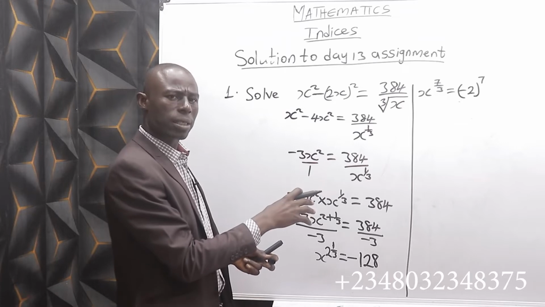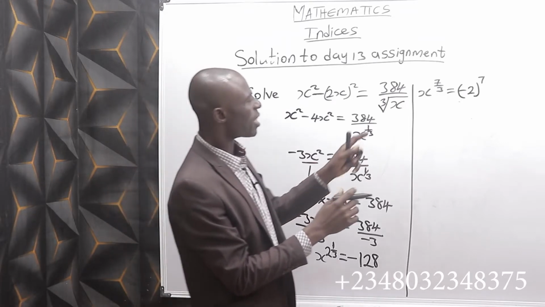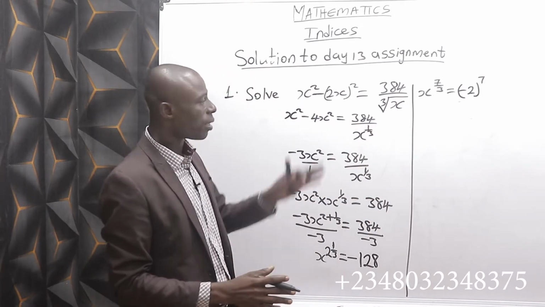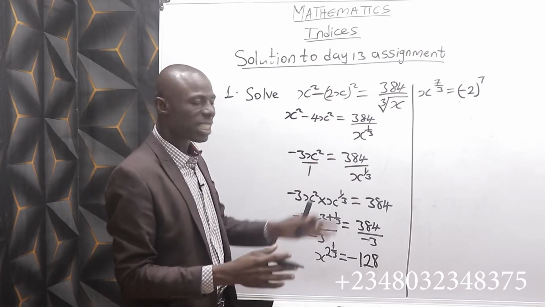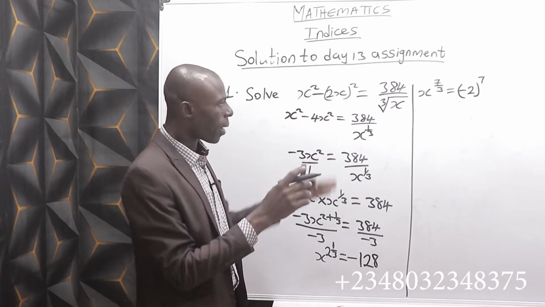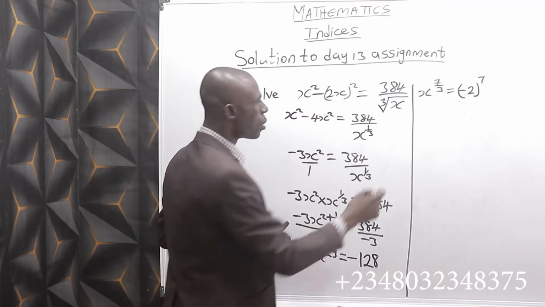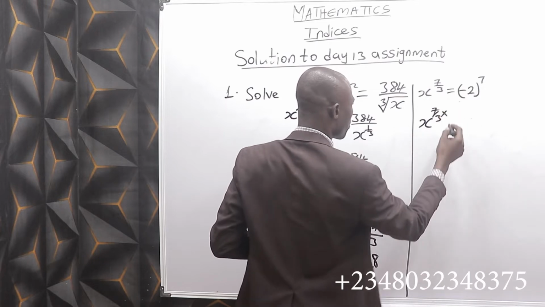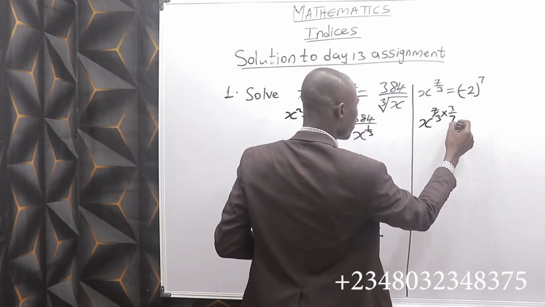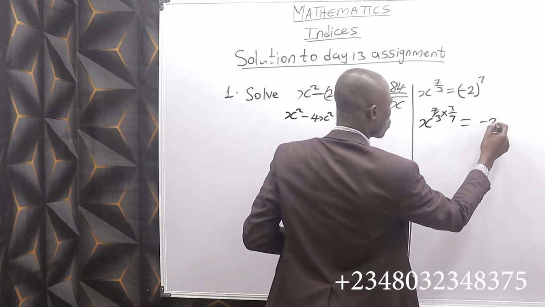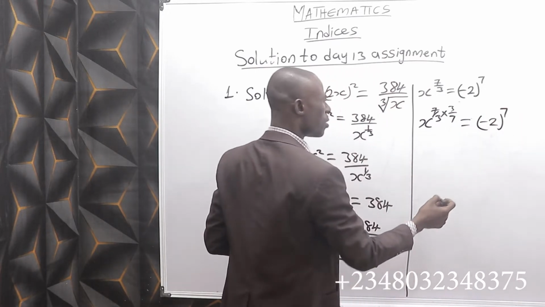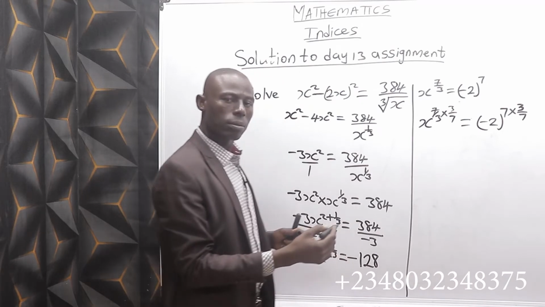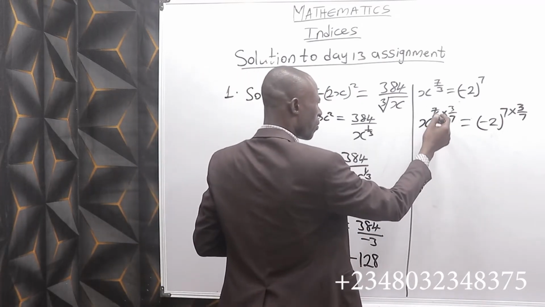To resolve this perfectly, we find the reciprocal of the power of the unknown. The power of the unknown there is 7 over 3. The reciprocal will be 3 over 7. It is that reciprocal we use to multiply the powers on both sides of the equation. So we have x raised to power 7 over 3 times the reciprocal of 7 over 3, which is 3 over 7, equals minus 2 in bracket raised to power 7 times 3 over 7. 7 we take out of 7, 3 takes out of 3.